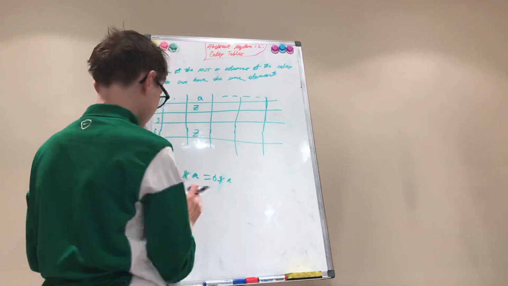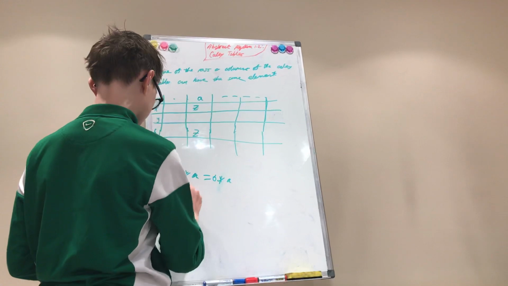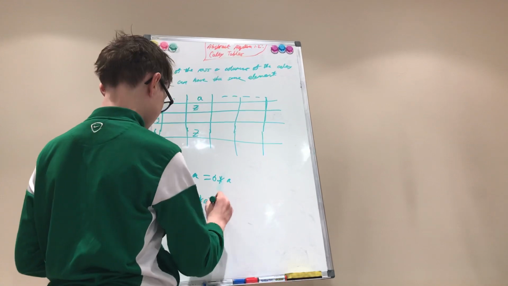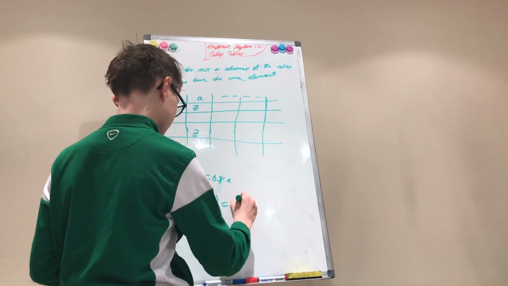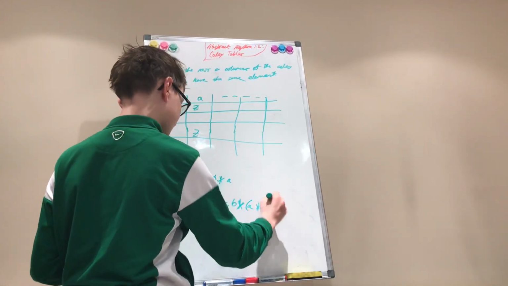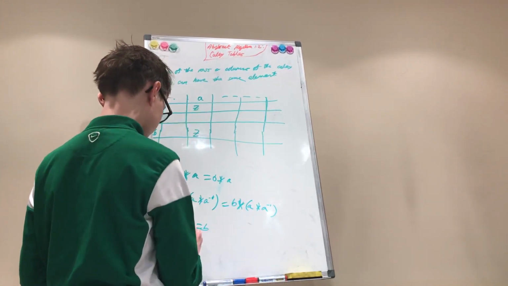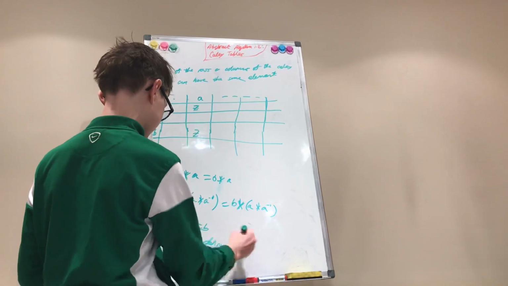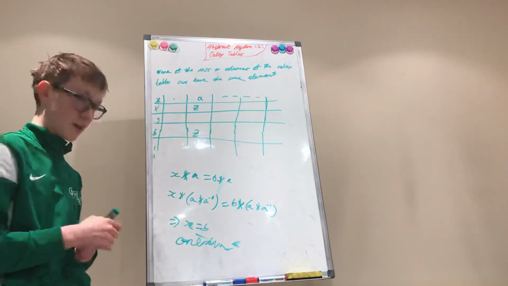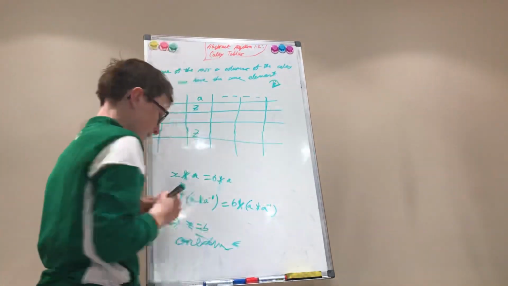Because these are associative, this means that X times A inverse equals B times A inverse. And that means that X equals B. Contradiction, because X and B are not the same. And therefore, we can say QED on this one.